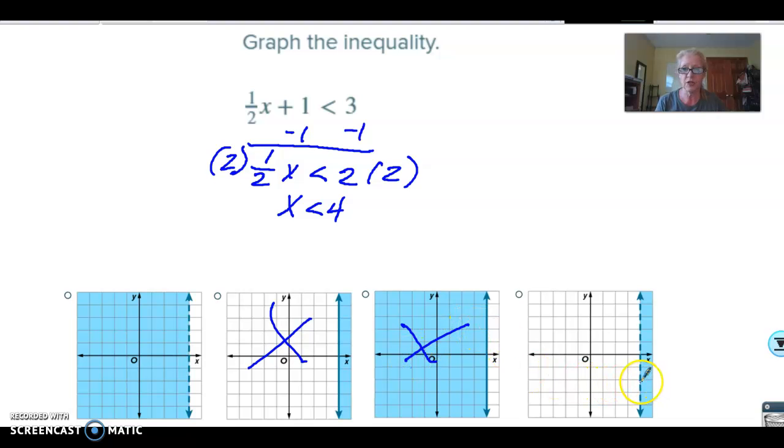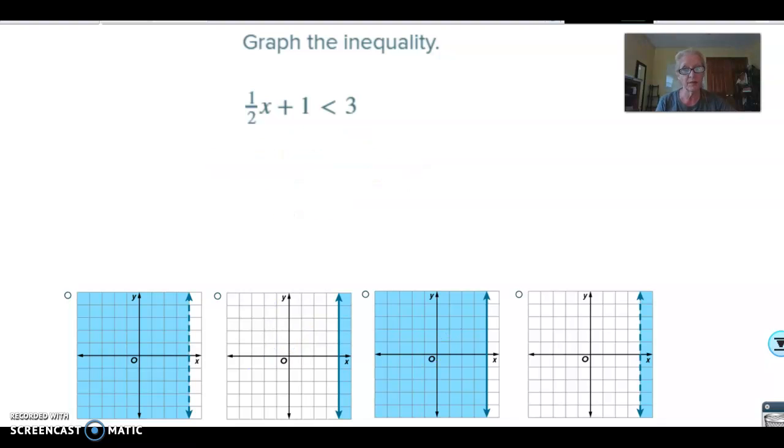Now, both of these show x at positive 4, but which one shows when x is less than positive 4? This is the winner right here. Winner, winner, chicken dinner. Because the values to the left of 4 are less than 4. Okay? So that's what it looks like when we are graphing just one variable.